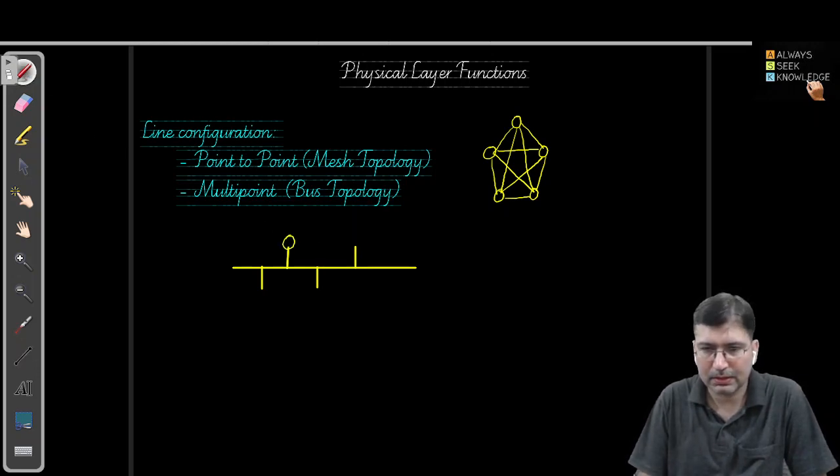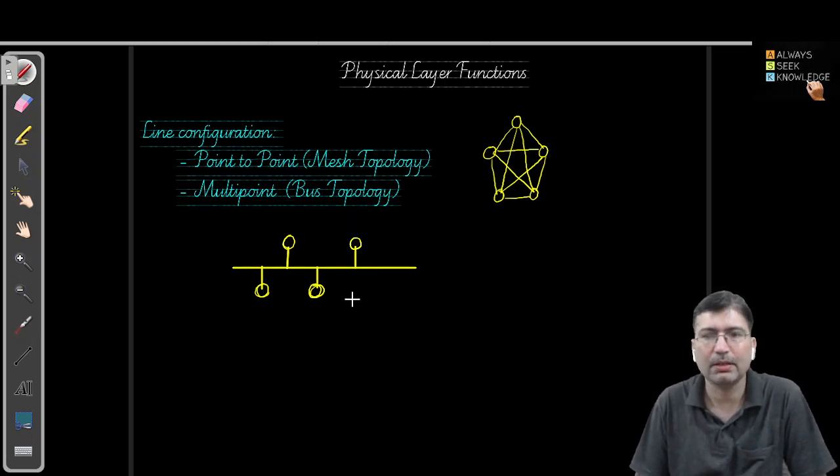So this is a channel or a line which is multi-point because on this one single line, multiple devices are being connected. So this is one of the very important functionalities of the physical layer.